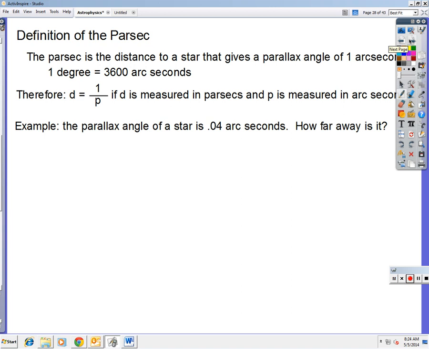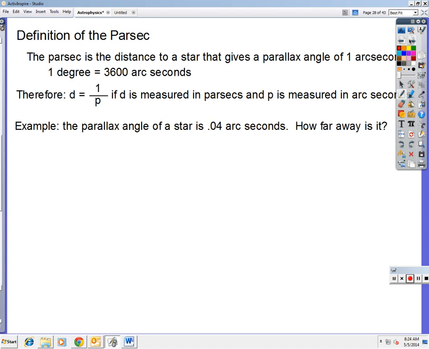Repeating this again, D equals 1 over P if P is measured in arc seconds and D is measured in parsecs. Notice that the farther away the star is, the smaller the parallax angle is.